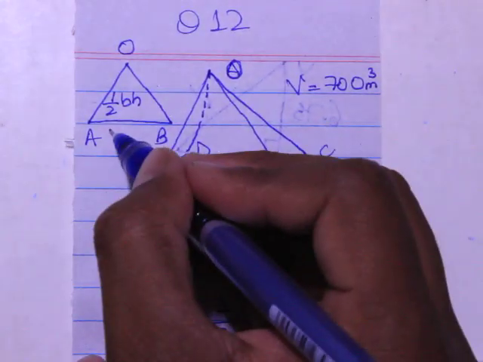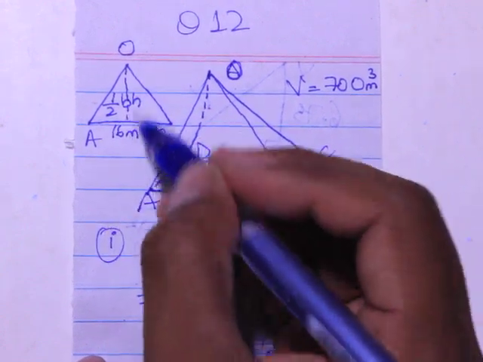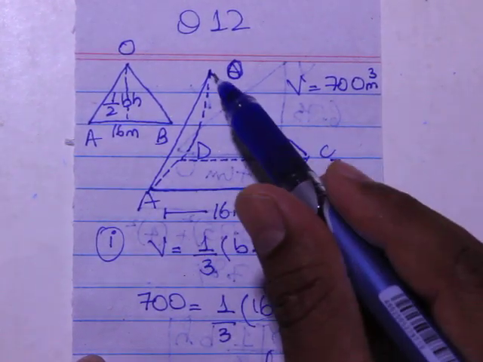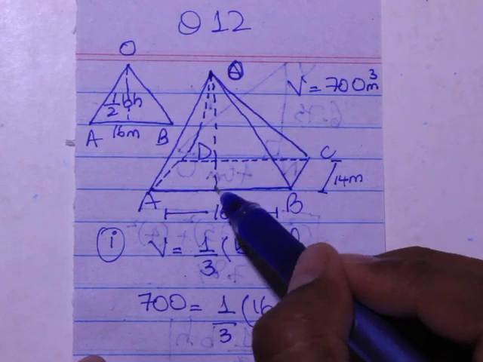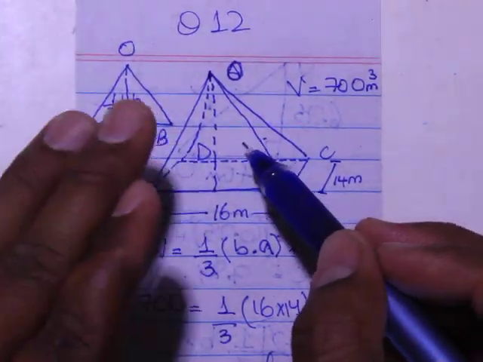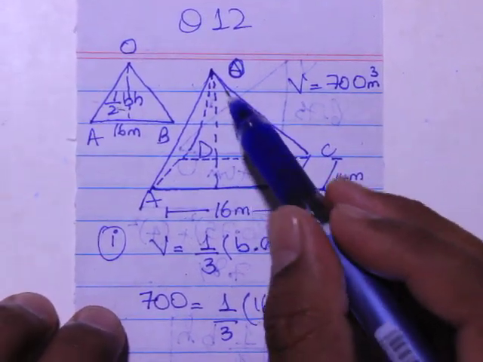We have a base of 16 meter, but we don't know the height of this OAB. If I want to find this height from O to AB, this is the slant height, as it is a little bit tilted, not standing in a straight position.